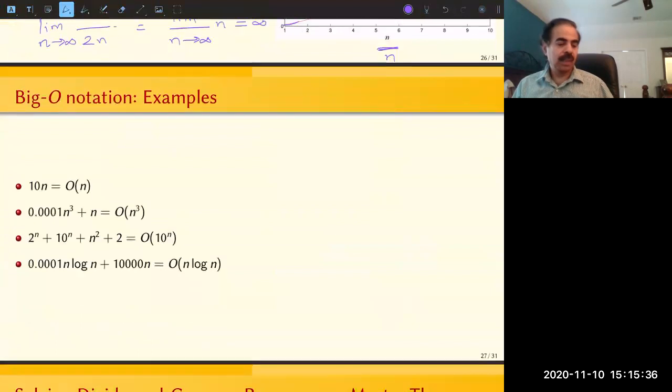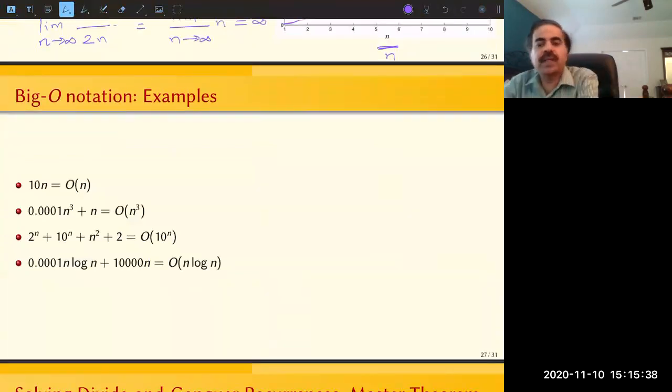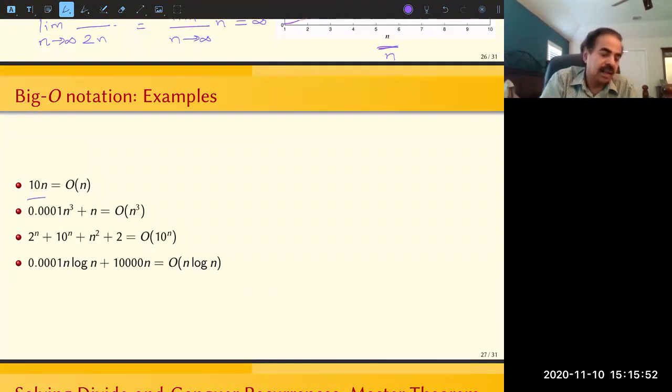A simple way to think about this growth is that I'm not going to worry too much about the constant factors involved. I'm only going to worry about the highest degree of the function, and I'm going to ignore the constants. This is how you can think about the big O notation in an intuitive way.